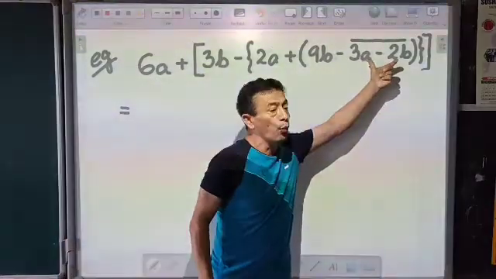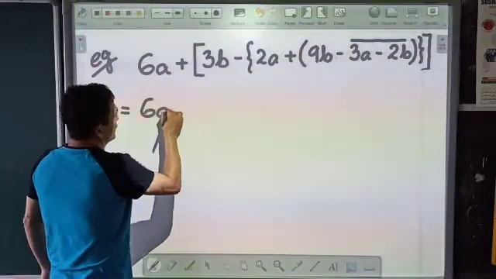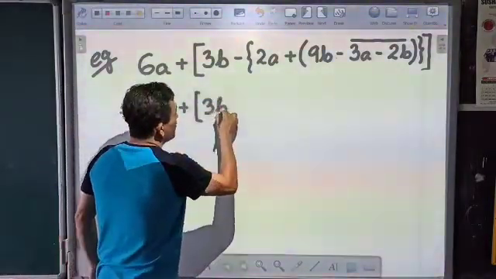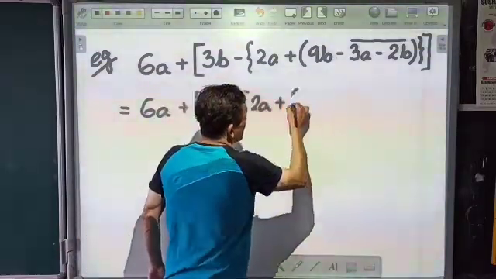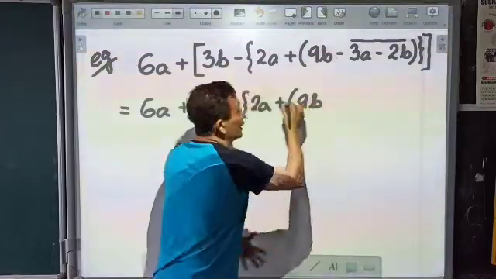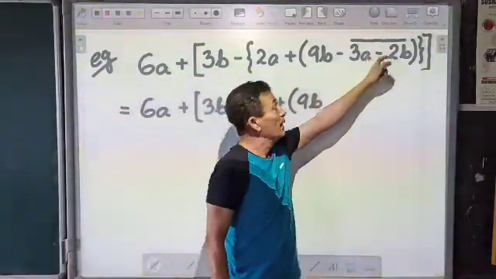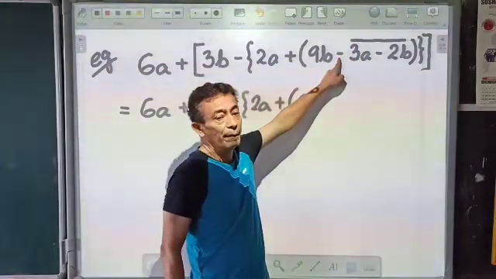Remember, I'm supposed to work with the bar bracket first. So the rest of them remain the same. 3b minus 2a plus 9b. Now till here everything remains the same. I'm going to work this part out. If I look at it, in front of the bar bracket I have a minus sign.